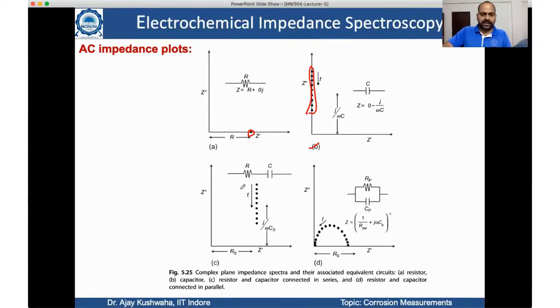See the third case, when we have a resistance and a capacitance, and both are in series. So what will happen? In the case of series, the value of R is fixed, and when you change omega, there will be a change in basically your imaginary component, Z double dash. Therefore, if you see the plot here, all dots are here.